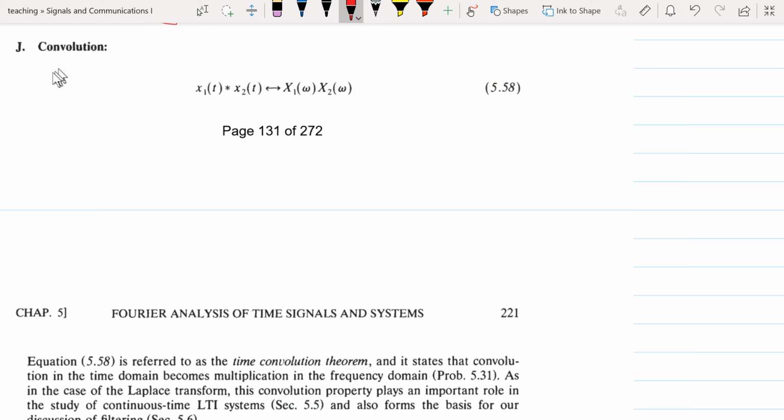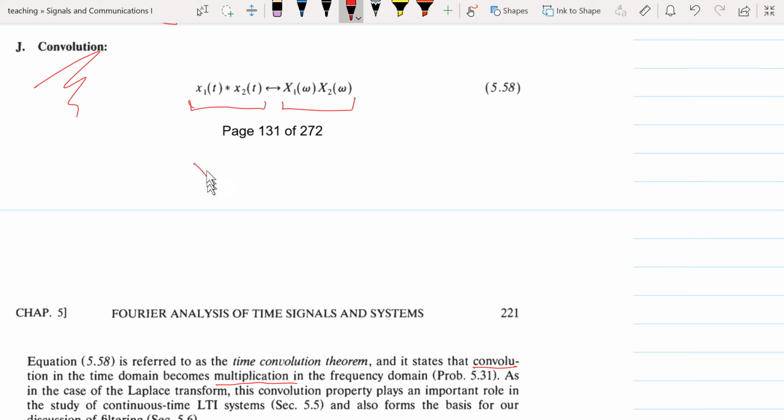We have already met the concept of convolution, and there is a statement that we have said in the past, and that is the one we are going to repeat. It says that convolution in time domain becomes multiplication in the frequency domain, and vice versa. So that is what we are saying here in equation 558, that convolution in time domain is equivalent to multiplication in frequency domain.